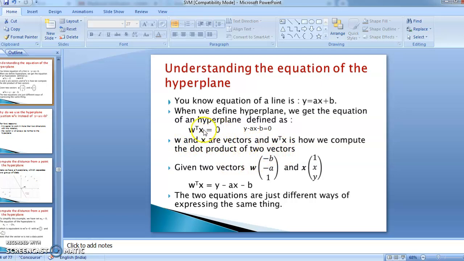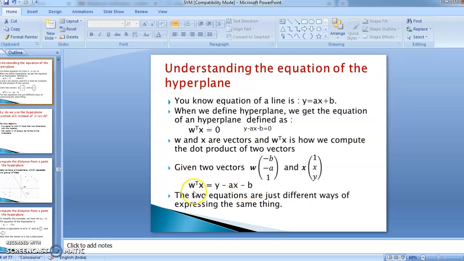Now if you compare, wᵀx = 0, and for the line, take all these parameters to one side, then y − ax − b = 0. As both right-hand sides are the same, we can equate wᵀx = y − ax − b.